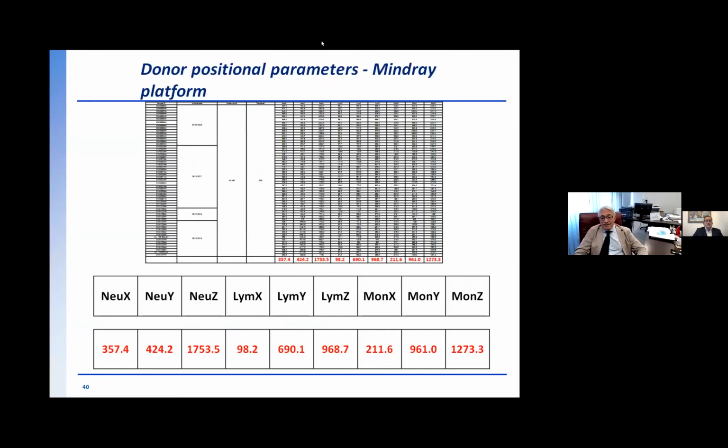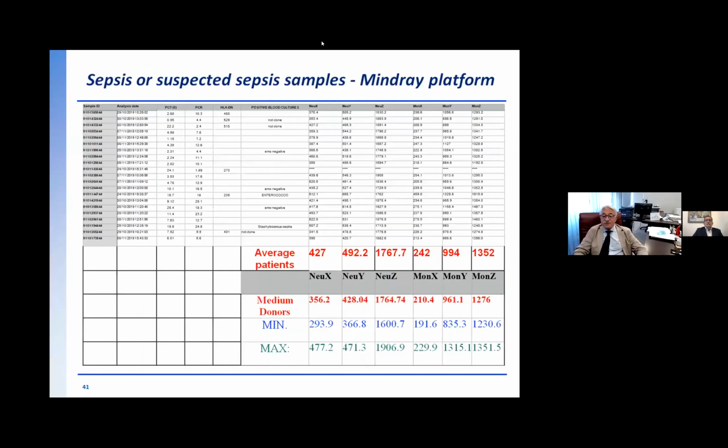And so these parameters have been studied based on the MindRay platform. And this is the comparison with the sepsis patients as against the average donor patients. So there is a big difference of positional parameters between the donor population and the sepsis population. And this difference is even more significant than the one detected with another platform.